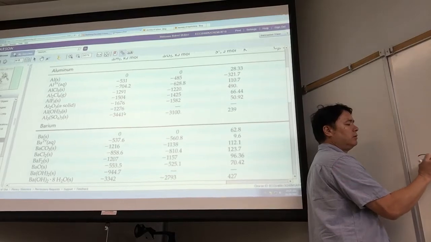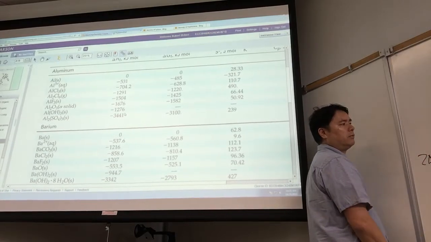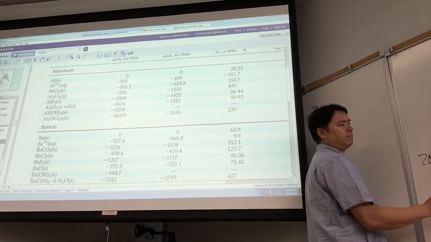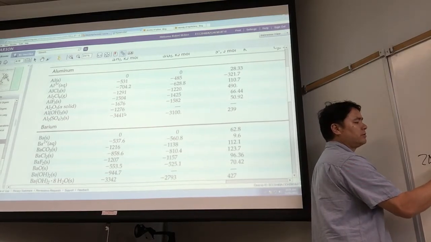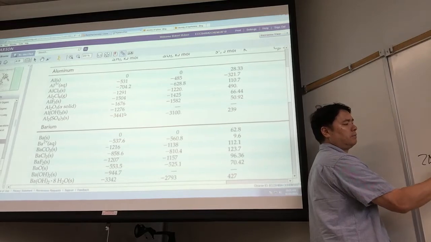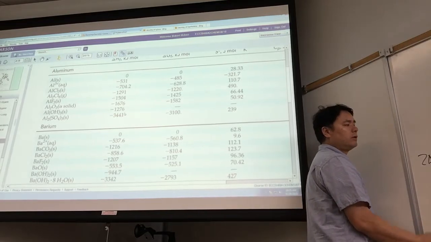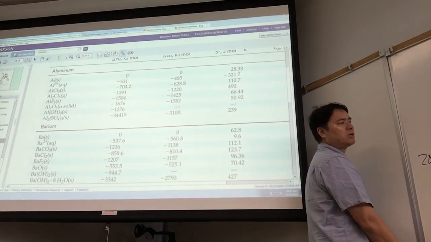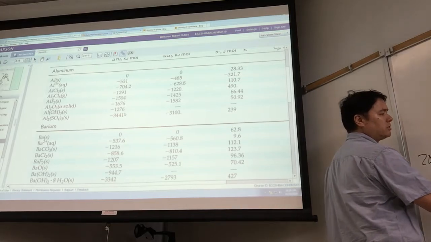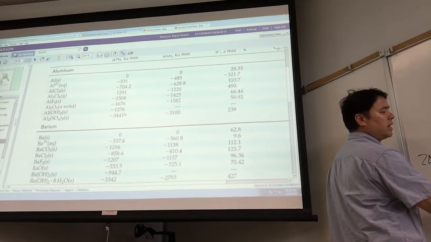And so we're going to take 2 aluminum solids. What's the most stable state of sulfur? Well, just elemental sulfur. We need how many of those? 3 sulfurs, solid. We could use S8, but we'll just use S. Plus, what's the most stable state of oxygen? At 25 degrees C it is O2 gas.